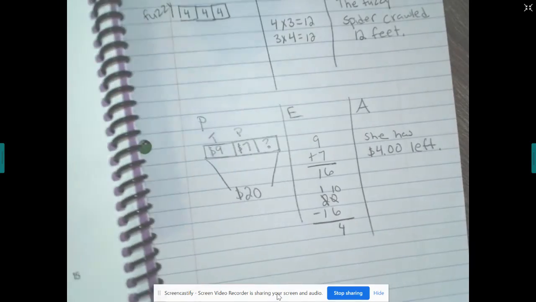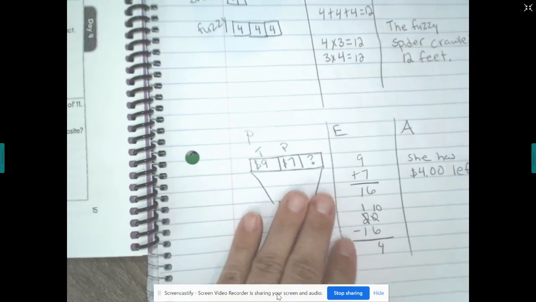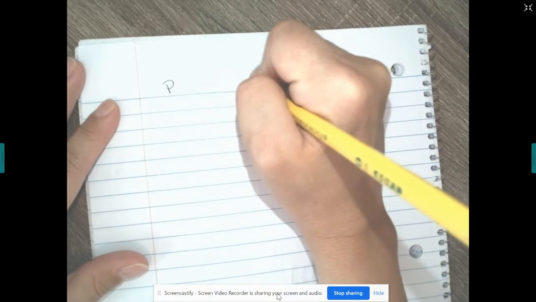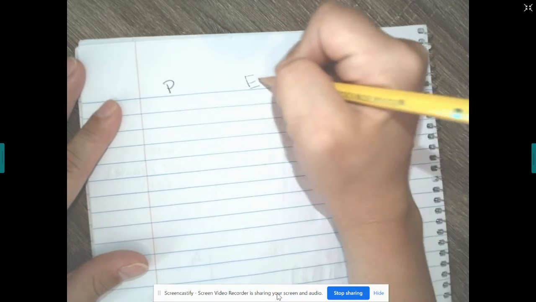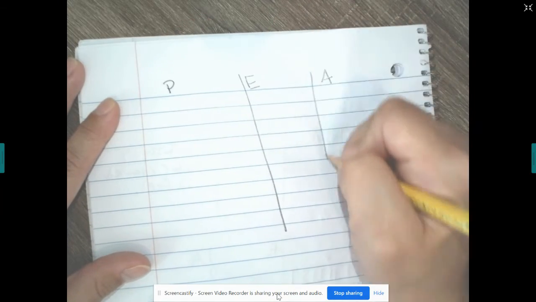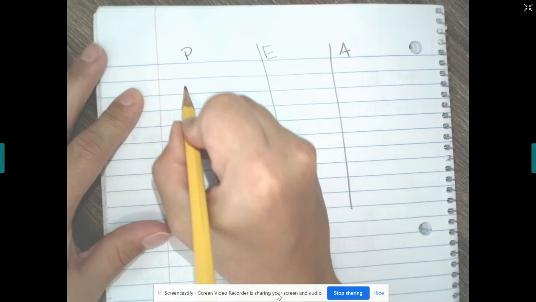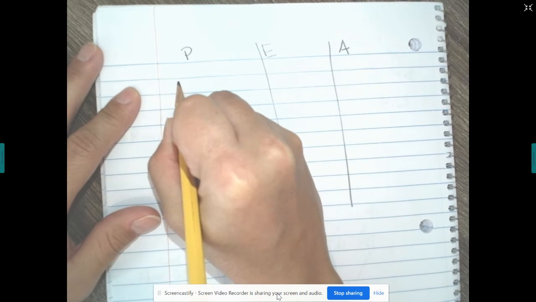So I'm going to need to go to my notebook because it's a word problem. And they said it would be helpful to make a T-chart. So I know from my picture what I'm going to do.